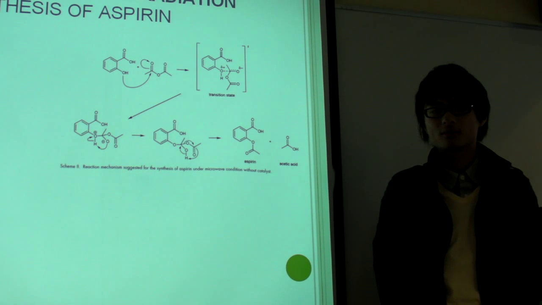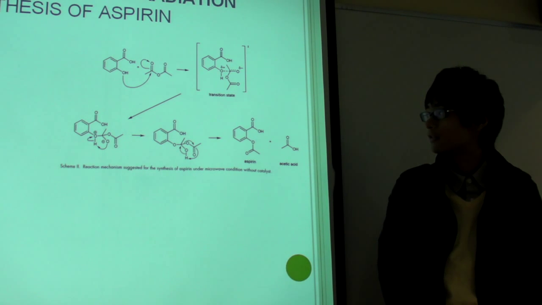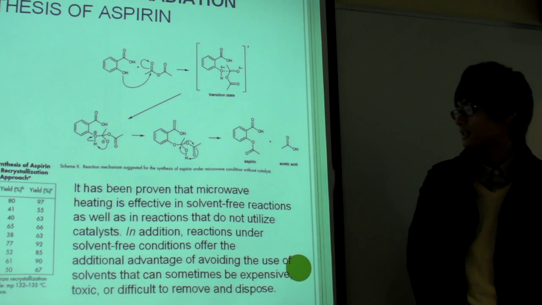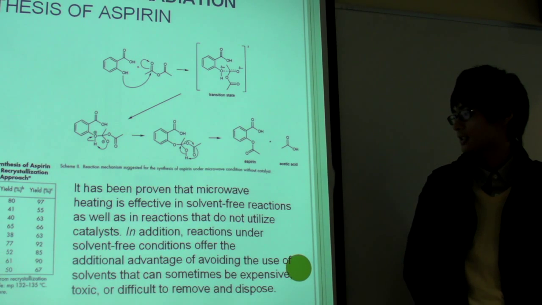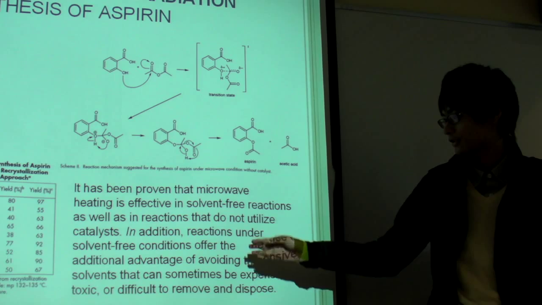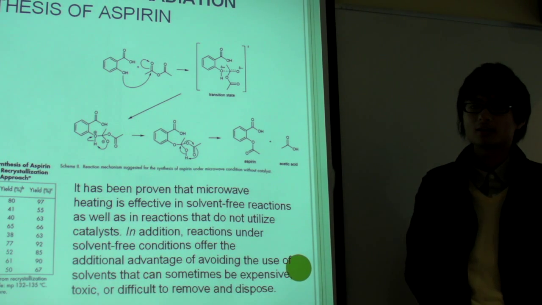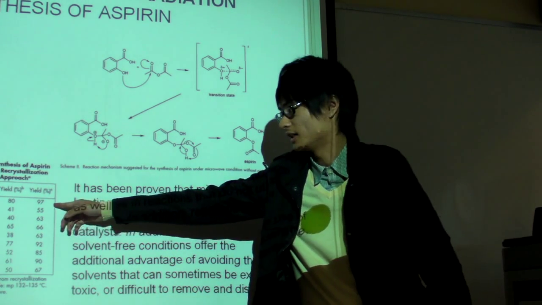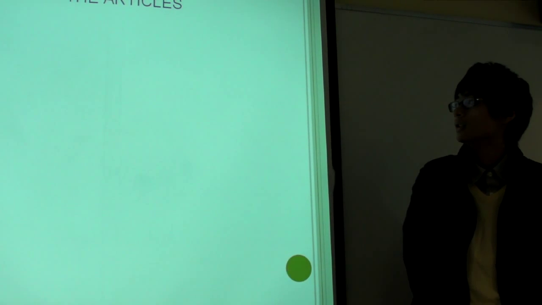If we use microwave radiation instead, it can save chemicals and is good for the environment. And it is proved that microwave heating is more effective than the previous case, as the reaction is under solvent-free conditions, which does not require the recrystallization process, and this can increase the percentage yield. We can see that the percentage yield is even higher than in other cases.